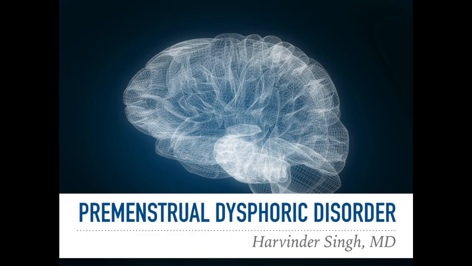Let's begin our topic for today, premenstrual dysphoric disorder, which is PMDD. Before I start this discussion, I just want to summarize the topics that I will be talking about today, and there will be 4 main topics that we will discuss here. First is, how do we diagnose PMDD?